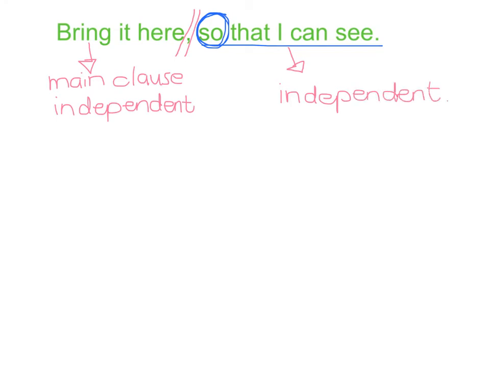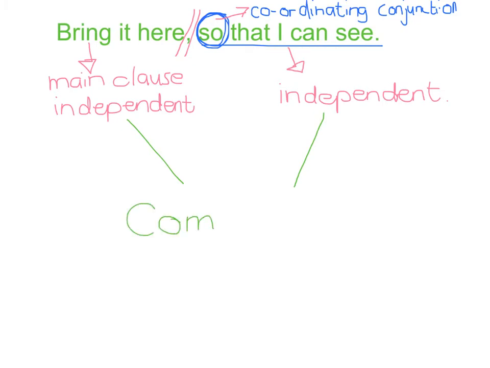It is important that you remember that this little guy is not called a fanboy. It is called a coordinating conjunction. Now, when I have two independent clauses, it turns my sentence into a compound sentence. Let's just go back and have a look at the conjunction.